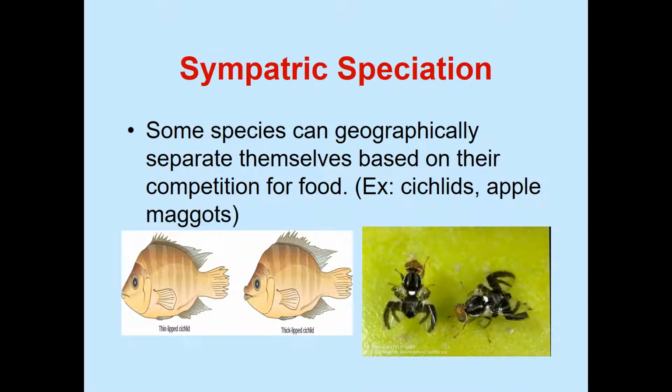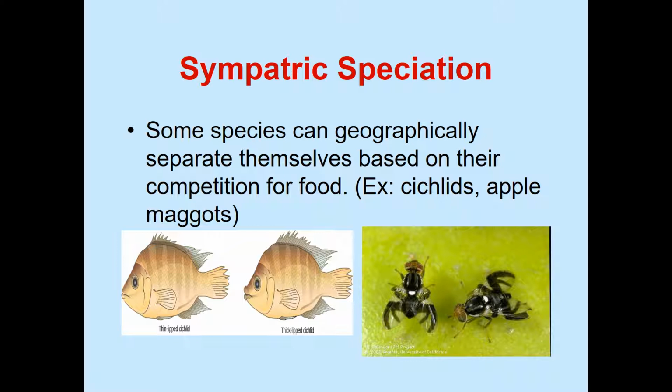Now, sympatric speciation can happen with animals if they geographically separate themselves based on competition for food. A classic example is Lake Victoria in Africa, where you had two populations of cichlid fish that have distinct physical differences in diets. They live in the lake.